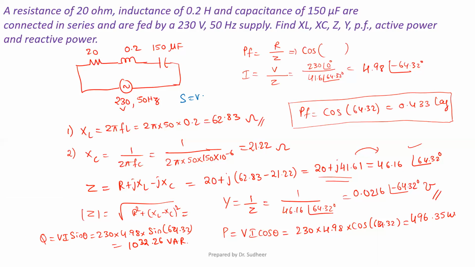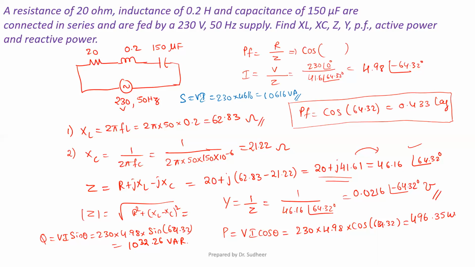S is equal to V into I. That is 230 into 46.16, that is 10616 volt amperes.